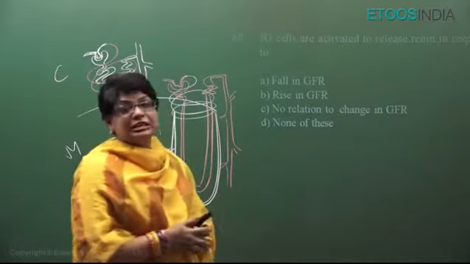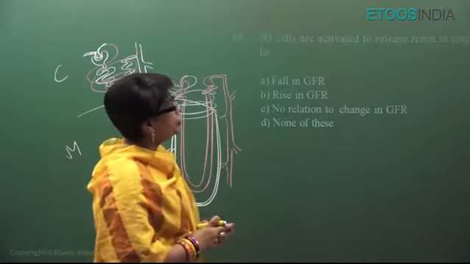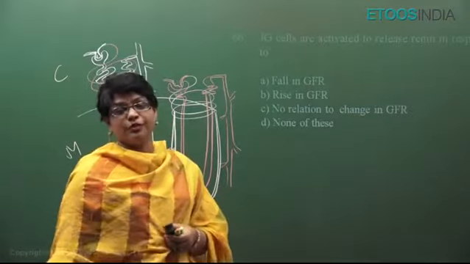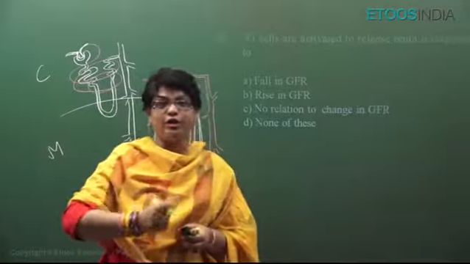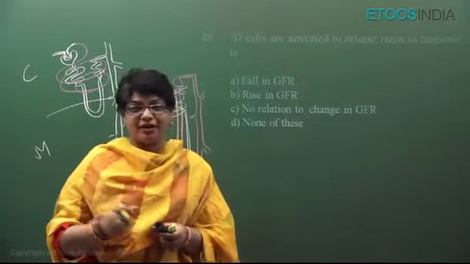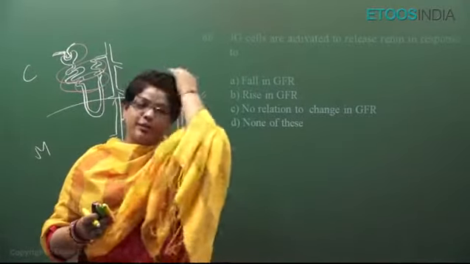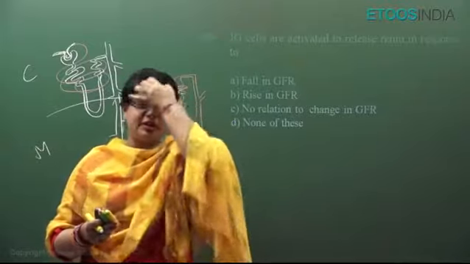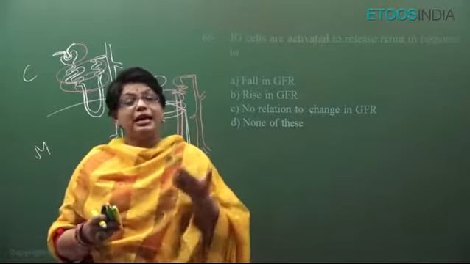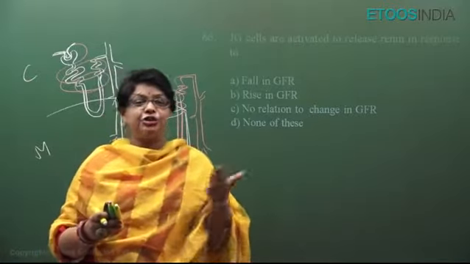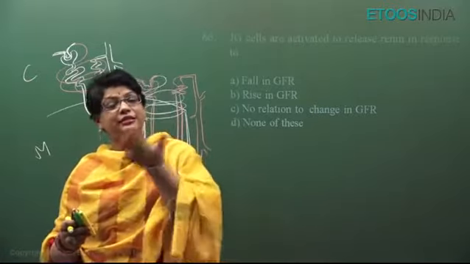Now, JG cells are activated to release renin in response to... We know wherever there is a blood volume fall or blood pressure fall, there will be a fall in GFR. That stimulates the juxtaglomerular apparatus, which releases renin. Renin is a hormone, it goes into the blood. In the plasma, it converts angiotensinogen into angiotensin 1.